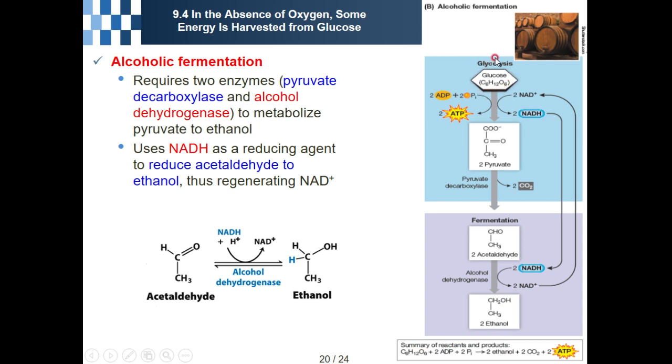One glucose, we change it to 2 ethanol, but there is only 2 ATP. You have to know the 2 ATP is synthesized.